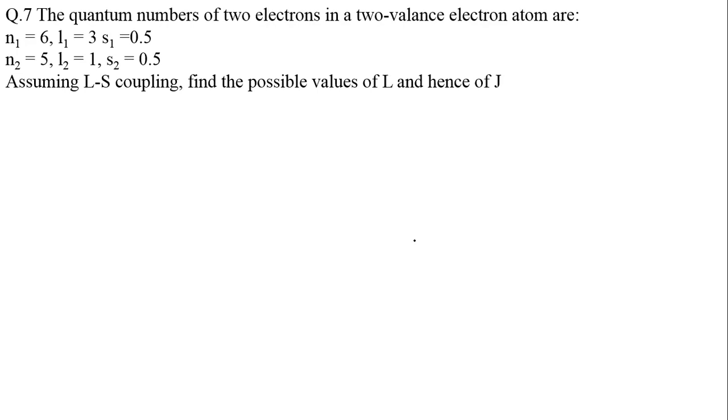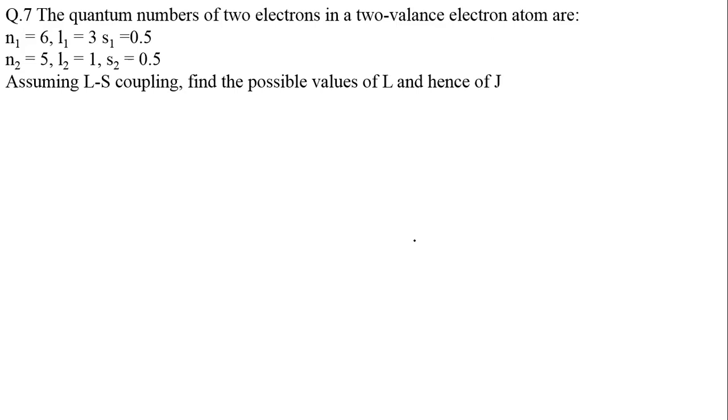Then the next question. This question is interesting. You can easily solve this question, but you need to understand what we want to do in it. The quantum numbers of the two electrons in a two valence electron atom are n1 equal to 6, l1 equal to 3, and s1 equal to 0.5 or half. n2 equal to 5, l2 equal to 1, and s2 equal to 0.5.